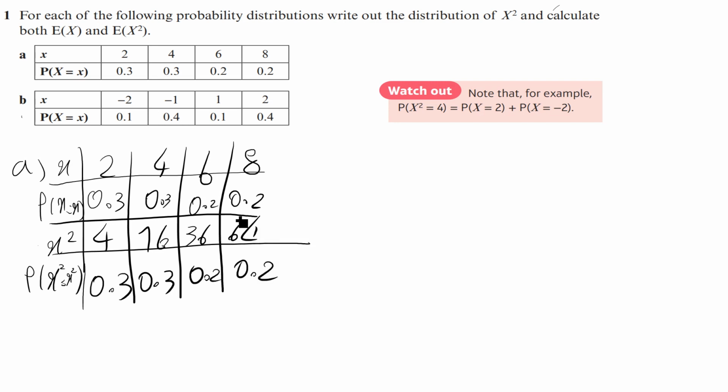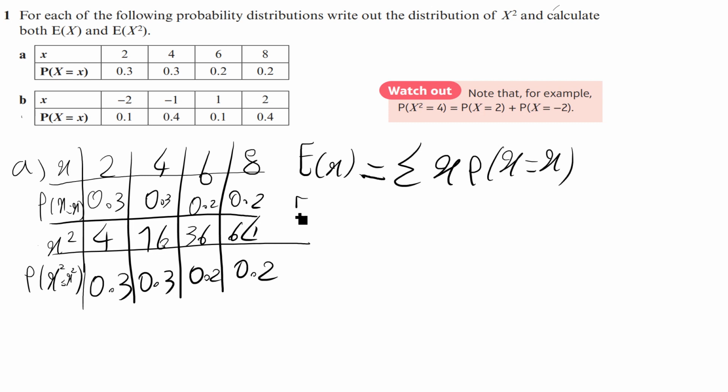Okay, now we need to find the expected value of x, and this can be done by the sum of x multiplied by probability of x. So whenever we want to find the expected value of x, we only need to multiply the value of x by its probability and add all of these together.